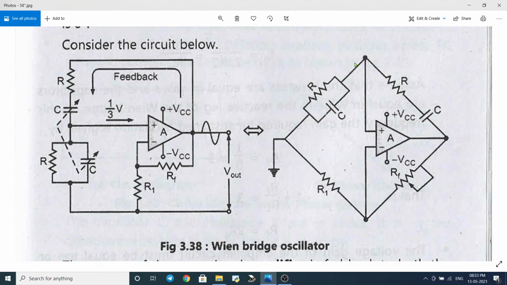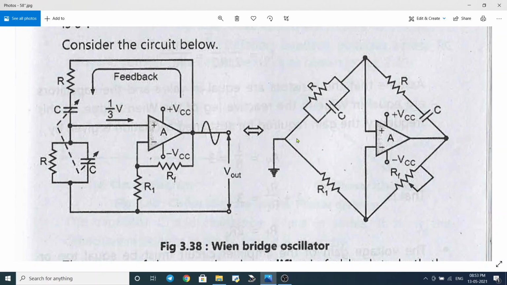This is one arm, this is second arm, this is third arm, this is fourth arm, and this is the op-amp. So a 4-arm network is called a bridge, and this bridge is called the Wien bridge.